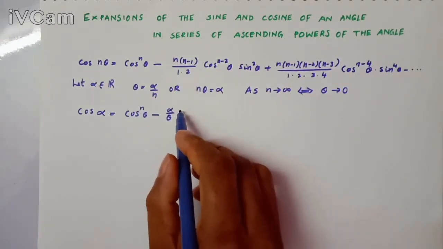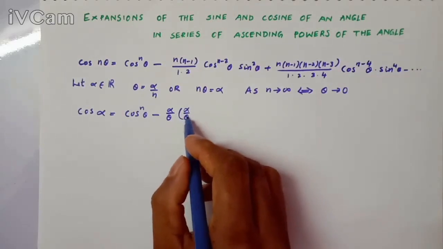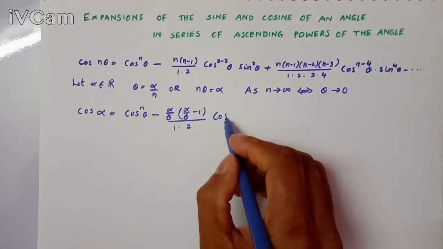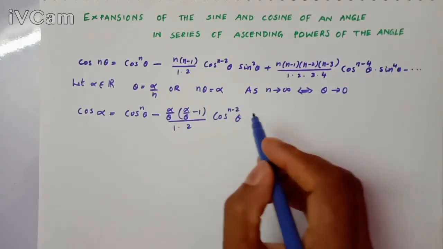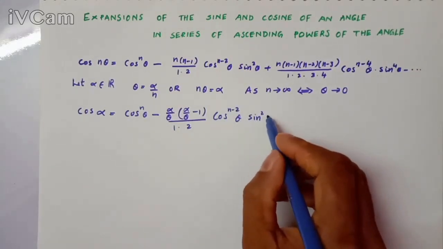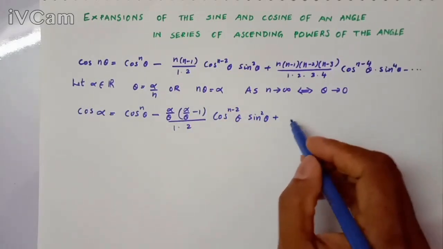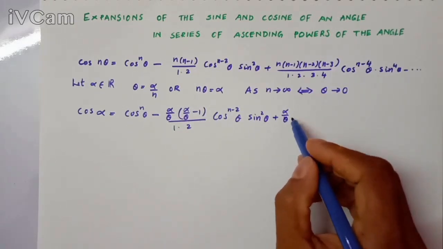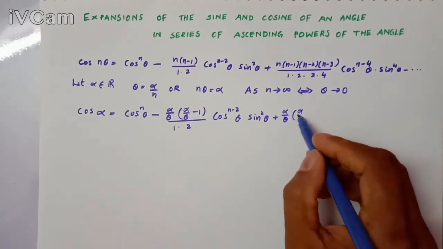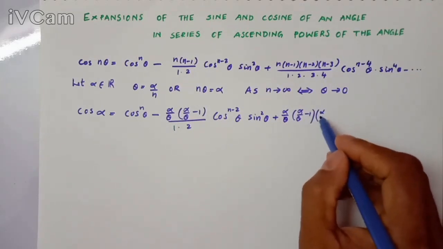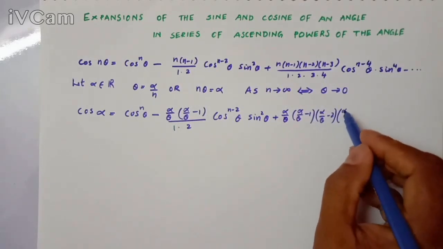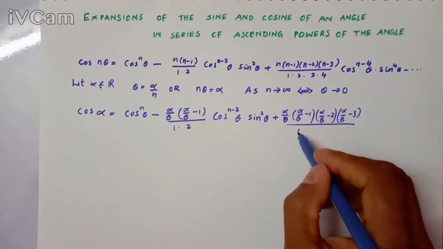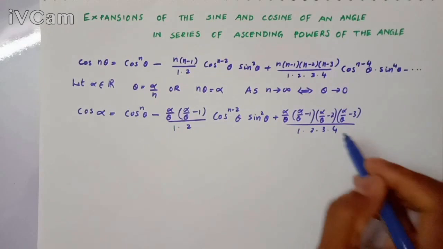Alpha by theta into alpha by theta minus 1 divided by 1 times 2 cos raised to n minus 2 theta, sine square theta, plus alpha by theta, alpha by theta minus 1, alpha by theta minus 2, alpha by theta minus 3, whole divided by 1 into 2 into 3 into 4.